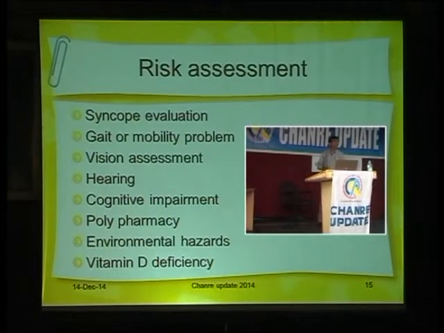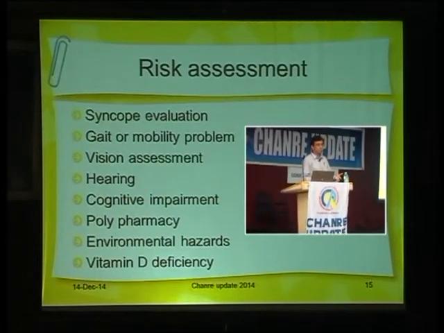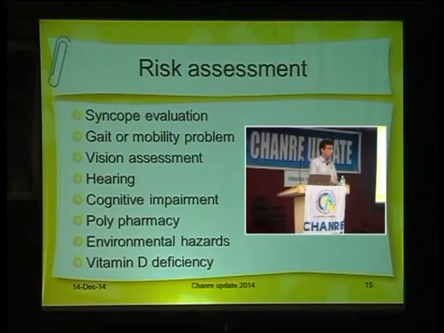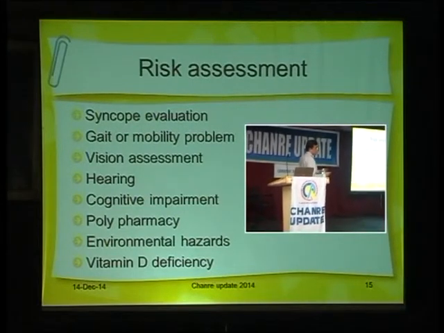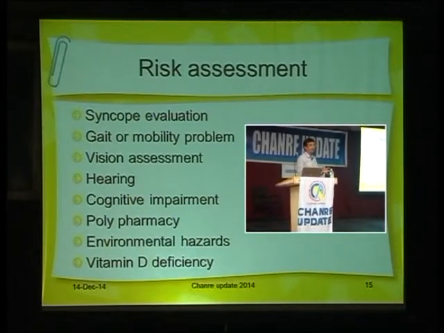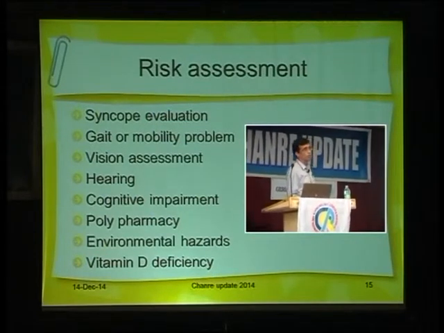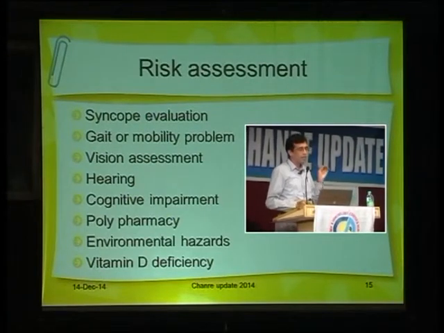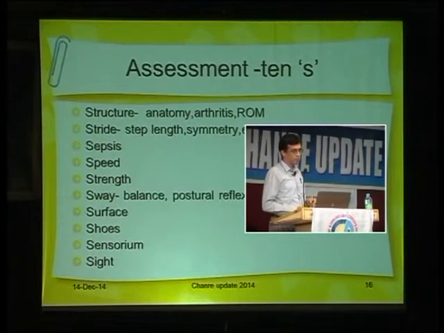You can identify a lot of difficulty in getting up, because many times we don't really observe them sitting and getting up. If they have difficulty turning, they wobble like this, we know they have a difficulty. They may have postural hypotension, they may have balance issues. So the simple get up and go test could help us evaluate their balance and mobility issues.